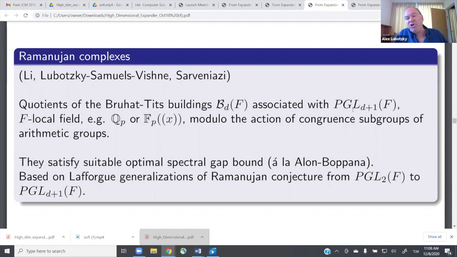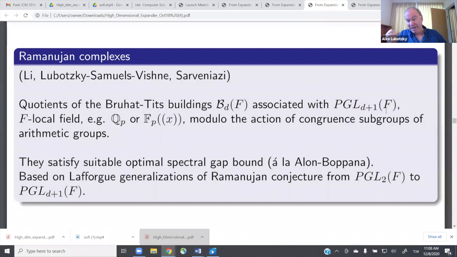If you take PGL_{d+1} of F and divide it by its maximal compact subgroup, you get the so-called Bruhat-Tits building. Buildings are infinite, contractible simplicial complexes.